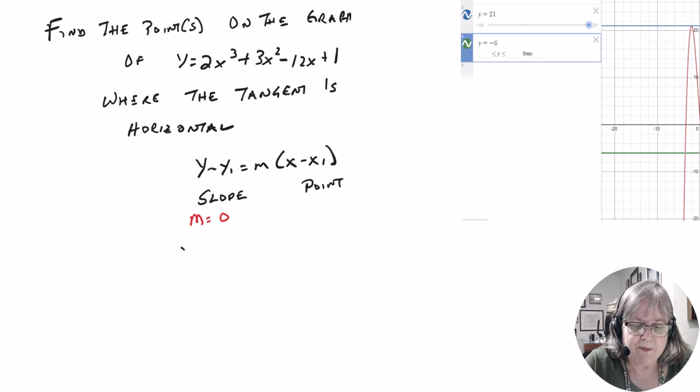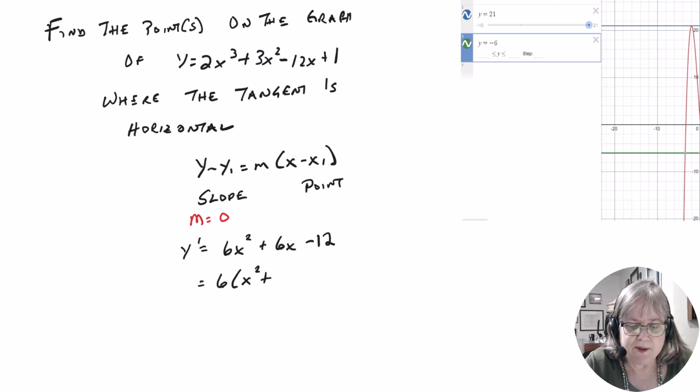So y prime would be 6x squared plus 6x minus 12, correct? Which is, I can factor out a 6, x squared plus x minus 2, which is 6 times (x plus 2)(x minus 1), right?